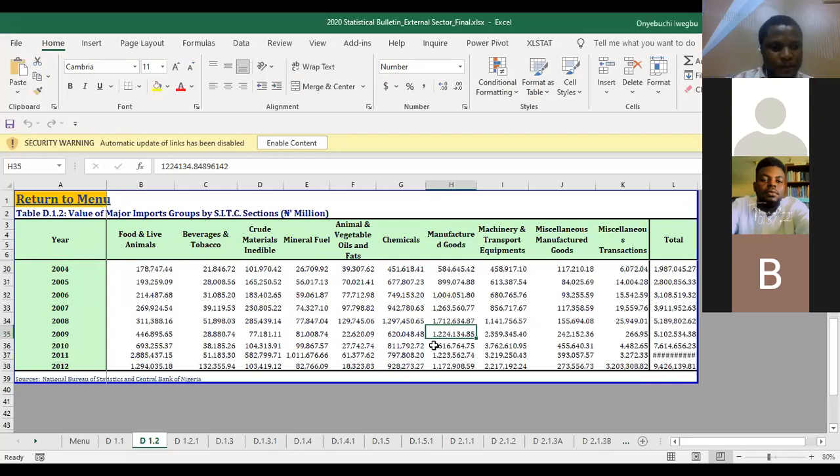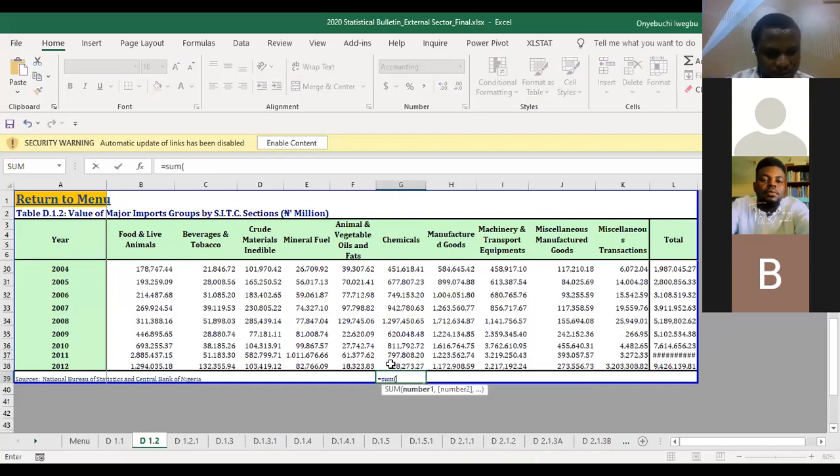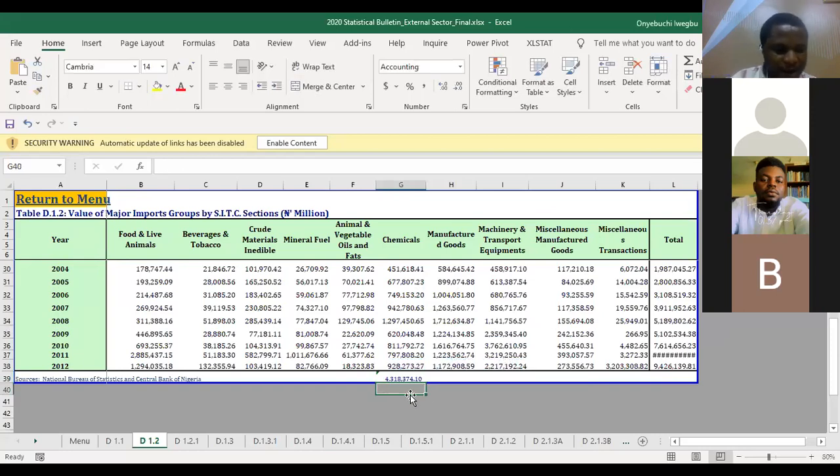Okay, so if I sum the two, and then find the share of that to the total, that should give me an idea.